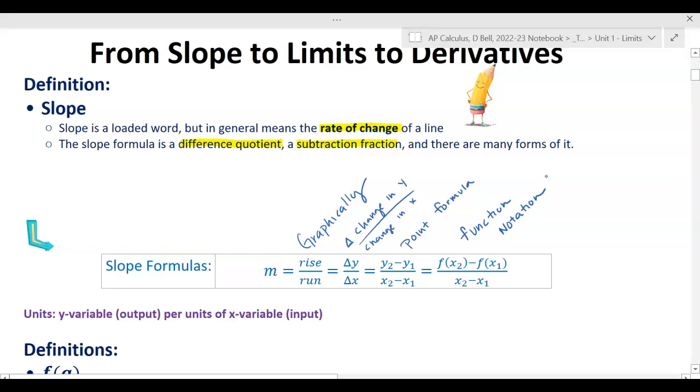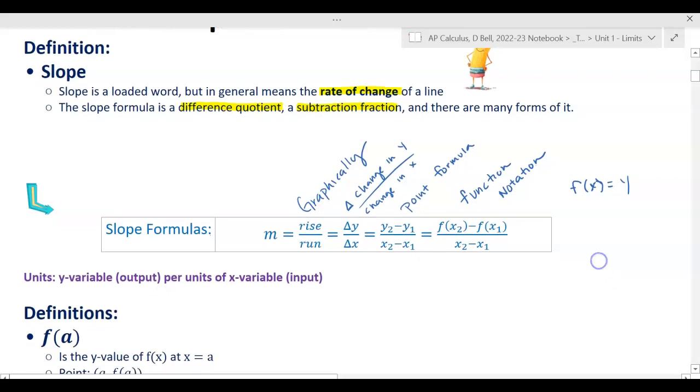So there are many ways to represent slope. Remember, f of x is a y value. Is the y value at x. The units for slope are always the y variable, the output, per the units of the x variable, the input.